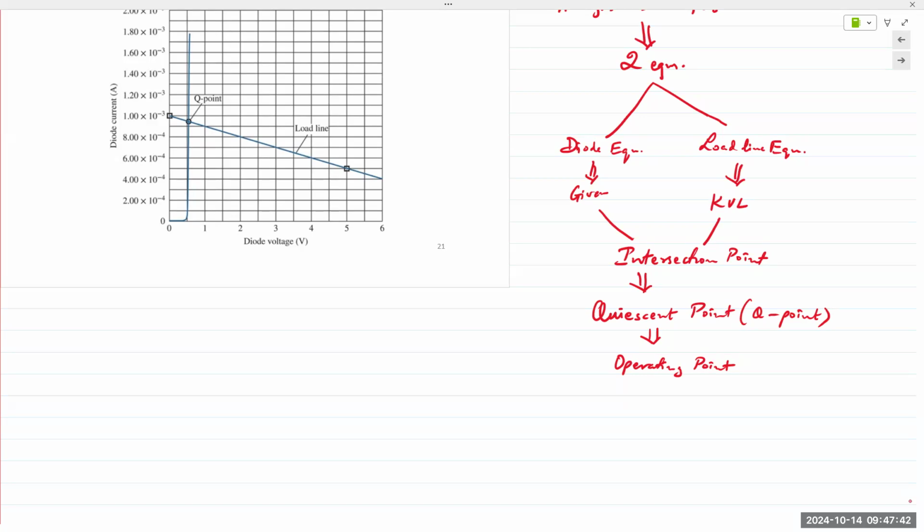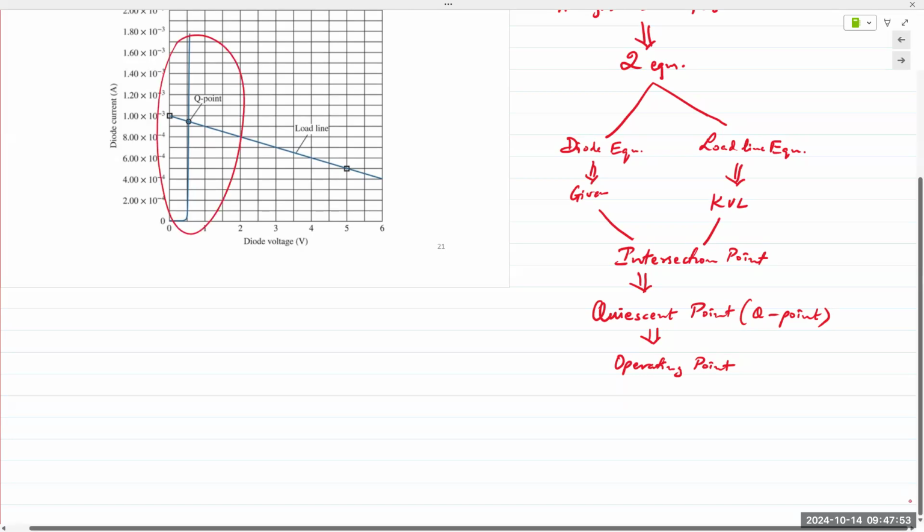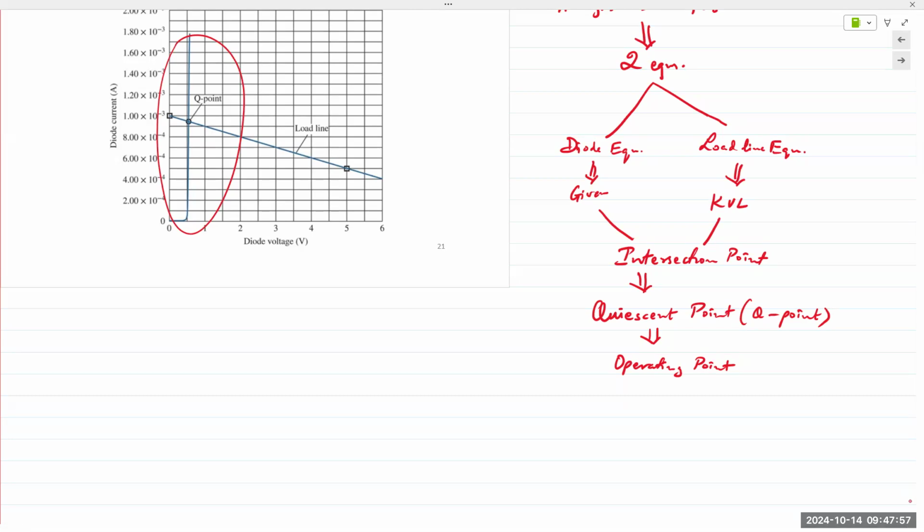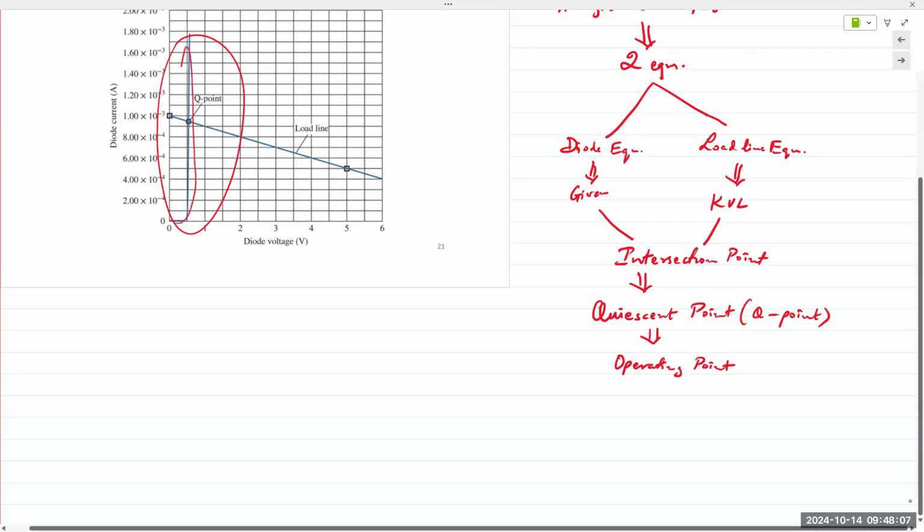Depending on our application, that operating point could move anywhere on the device characteristic curves. The way we have a diode characteristic curve right here, for a transistor, for a FET, for a MOSFET, also we'll have a set of characteristic curves. And the operating point for the device can move up and down anywhere along that curve.